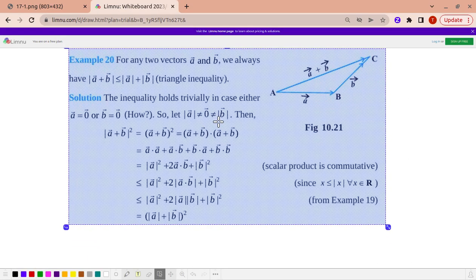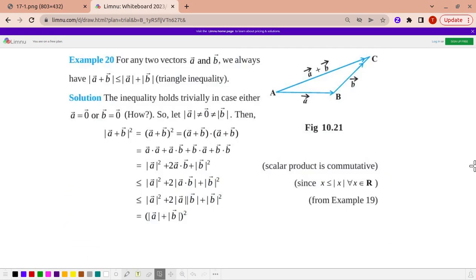The question is that for two vectors A and B, we always have mod of A plus B less than or equal to mod A plus mod B, and that is known as the triangle inequality. Previously we discussed the Cauchy-Schwarz inequality.